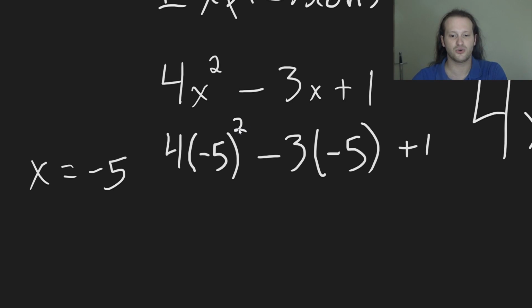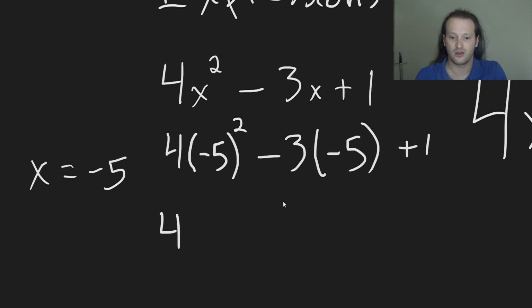This 2 is only looking to square what's inside this little parentheses bubble, because this 4 is connected to the rest of this term by multiplication. We are squaring negative 5. Now a negative times a negative is a positive, and then 5 times 5 is 25. So we have positive 25.